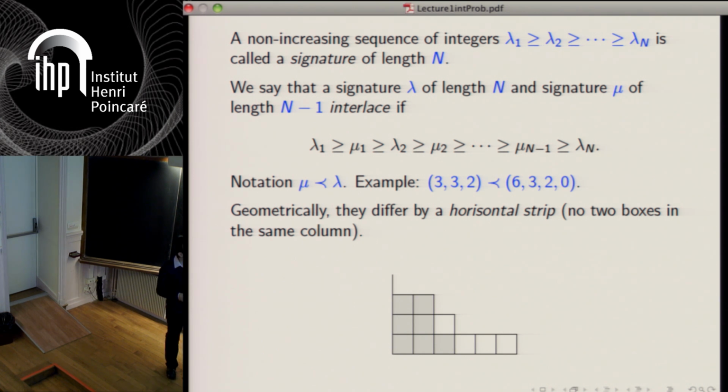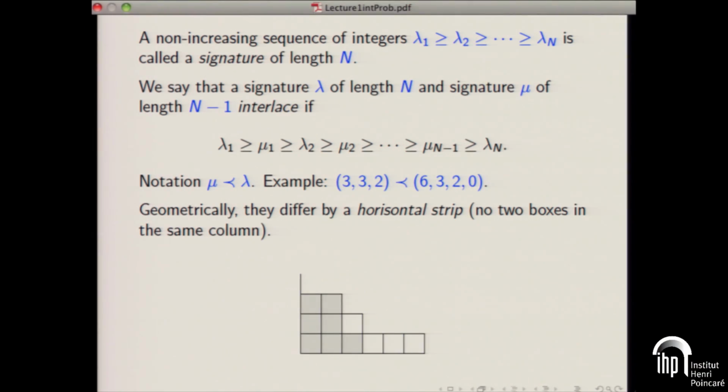I don't know how to read this symbol. So for example, 3, 3, 2 interlaces with 6, 3, 2, 0. And we can also draw the situation in a picture. 6, 3, 2, 0, I can write as a Young diagram. There are different ways to draw Young diagrams, and I assume that in Paris I should draw them in this way. 6 boxes will be in the bottom level, 3 boxes in the second level, 2 boxes, and then 0 boxes.